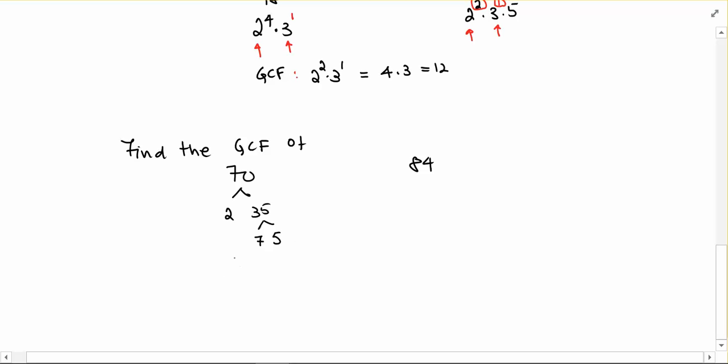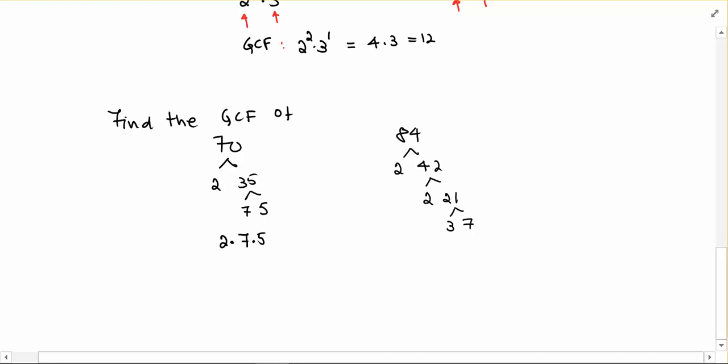So 70 is equal to 2 times 7 times 5. 84 is even, so 2 and 42, and that's even, so that's 2 and 21, and that's, excuse me, not even, odd, so 3 and 7. So 84 is equal to 2 times 2 times 3 times 7, or 2 squared times 3 times 7.